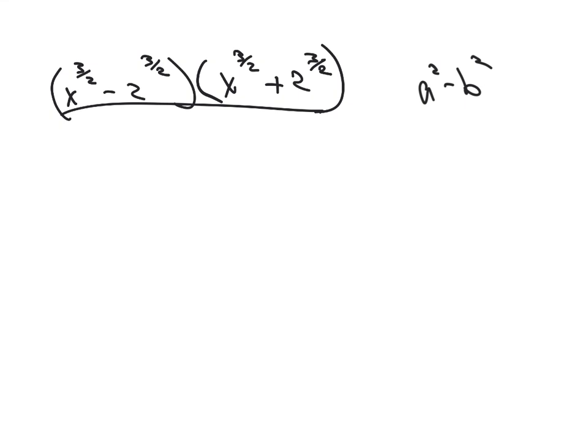If you like to do that, go ahead, and that will make things a lot faster. The other option is the FOIL method again. So let's use the a squared minus b squared.